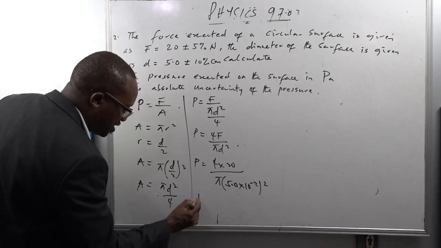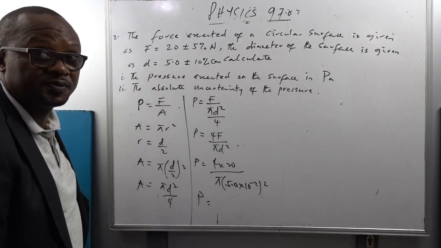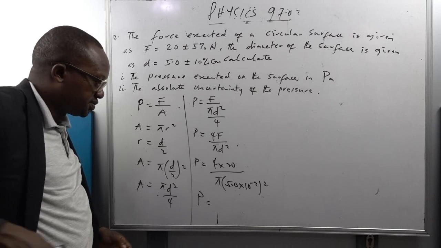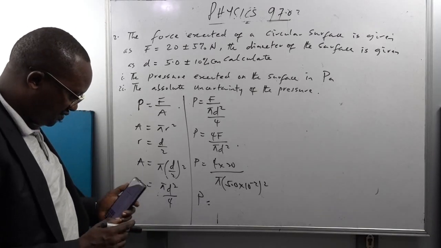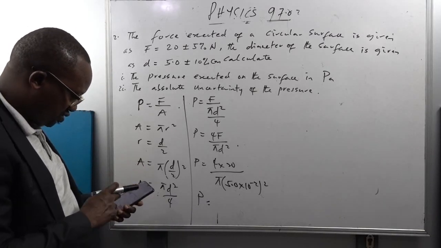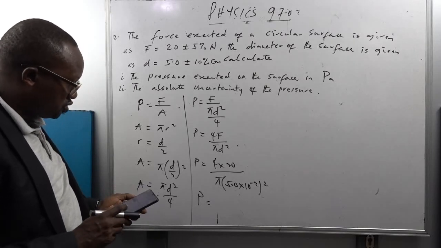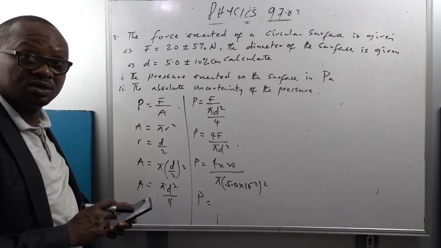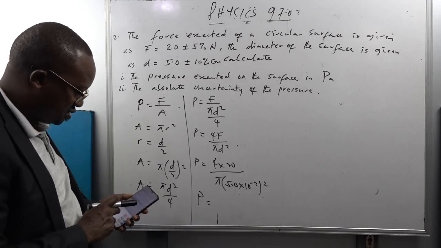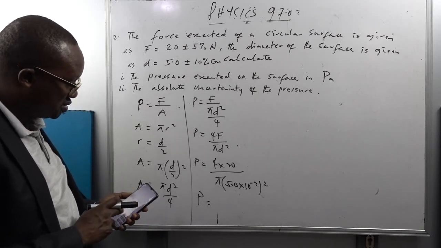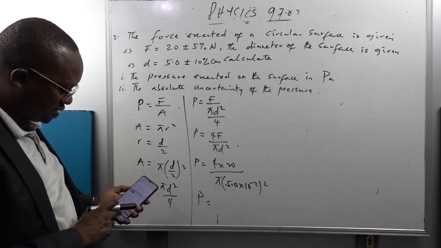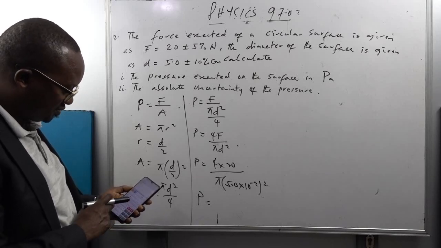So I can now use my calculator to determine pressure. You too, you can do it. Use your calculator. If you have a scientific calculator, it will save you a good amount of time. So you have 4 times 20.